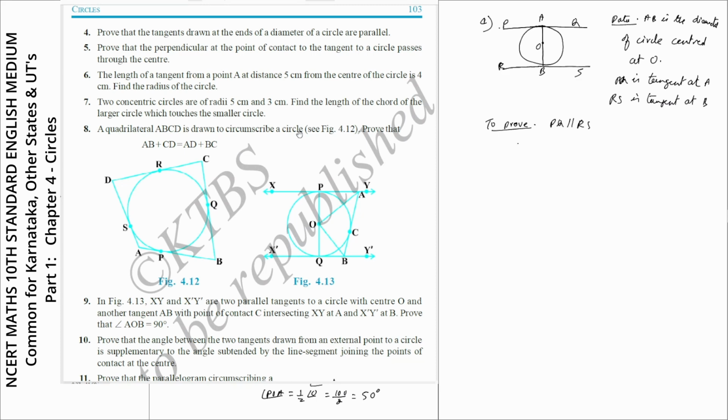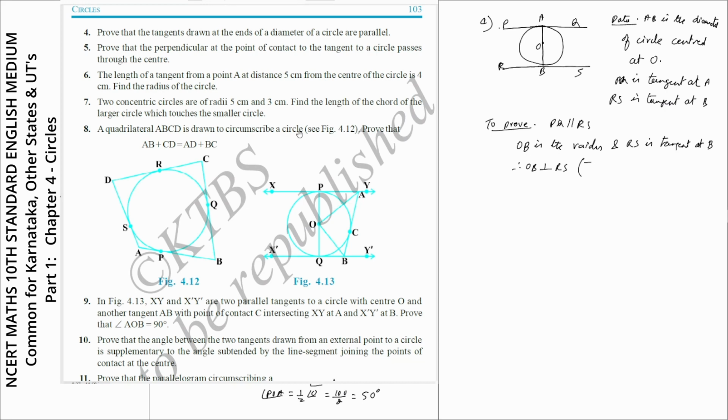Now OB is the radius and RS is the tangent at B. Therefore OB is perpendicular to RS. How is it perpendicular?